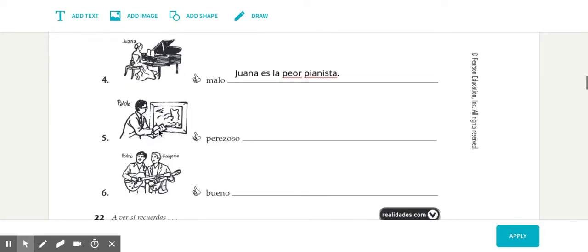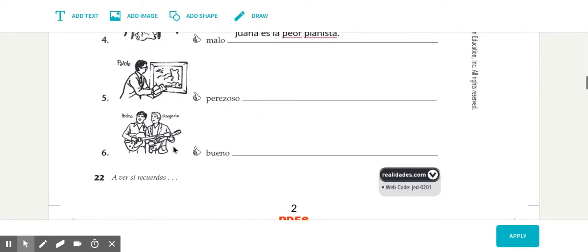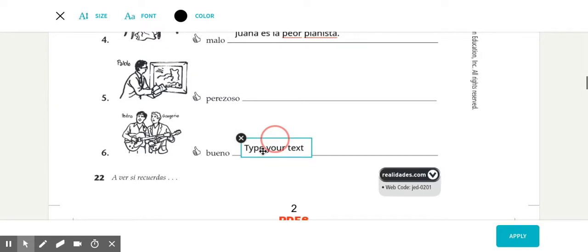Okay. Pablo es el pintor más perezoso, ¿verdad? Now, bueno, here we have a comparative with bueno. Remember, the comparative of the word good is best or better, right? Better. So for number 6, we're going to have, they're the best musicians maybe.